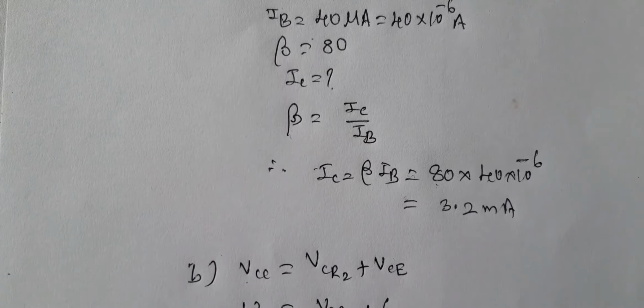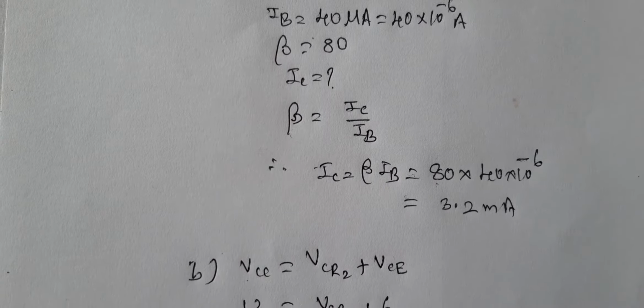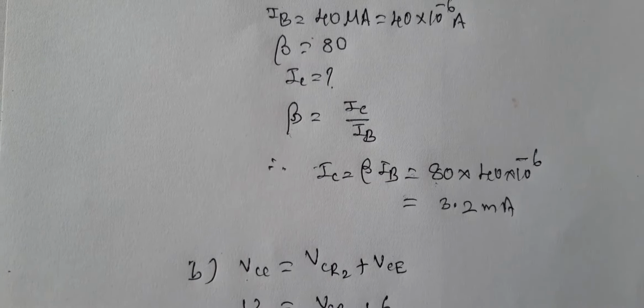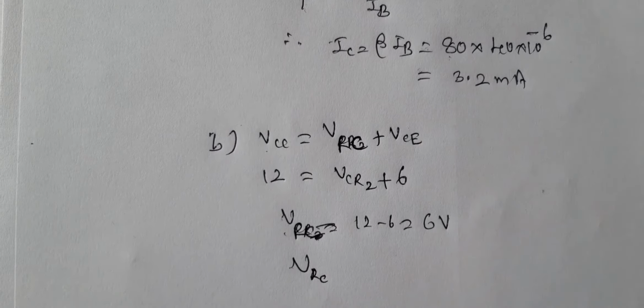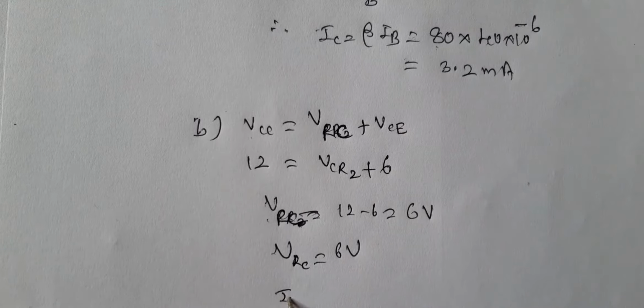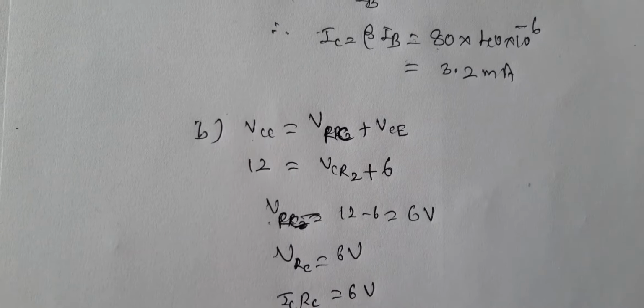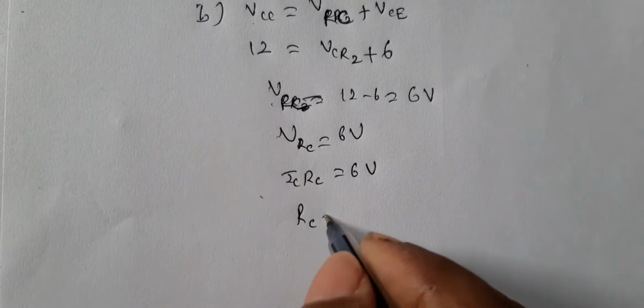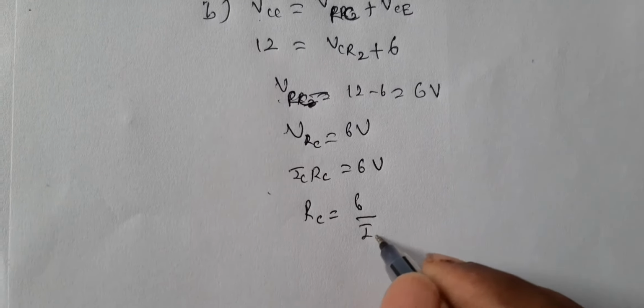Therefore, VRC is equal to 6 volts. By definition, IC RC is equal to 6 volts. Therefore, the collector resistance RC is equal to 6 divided by IC.